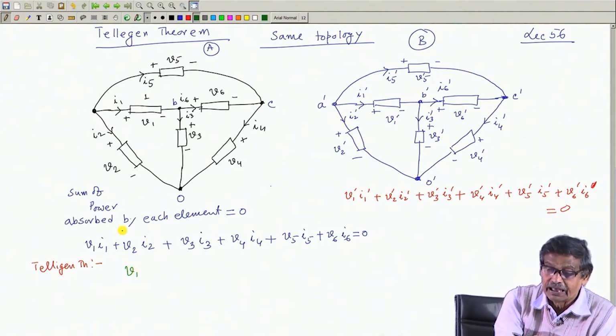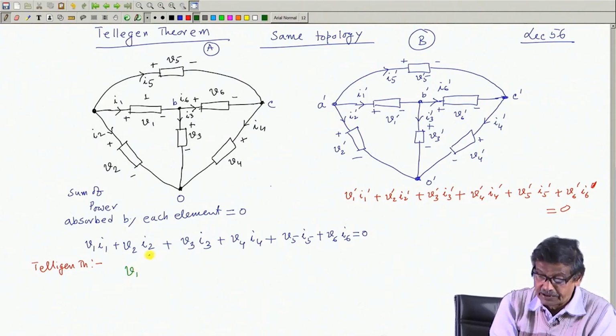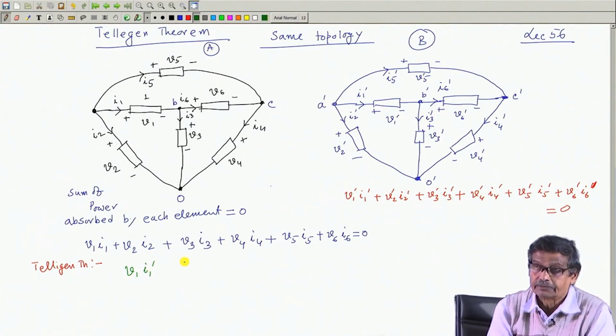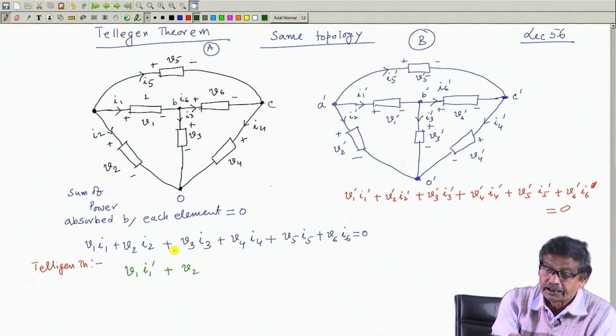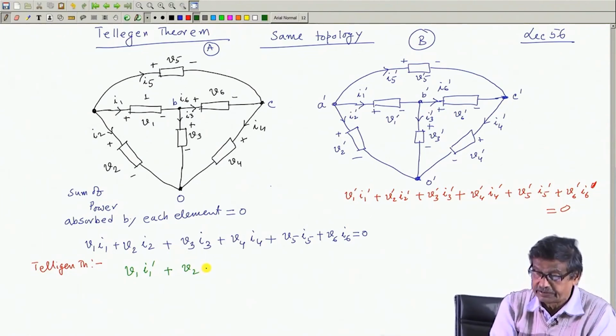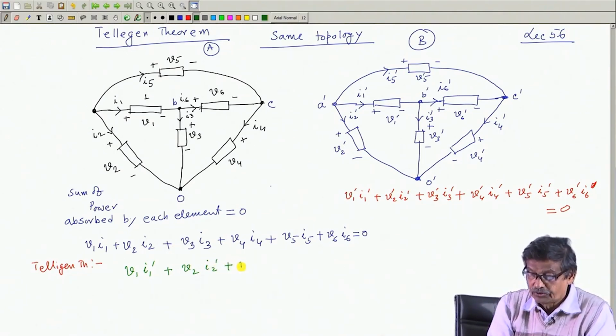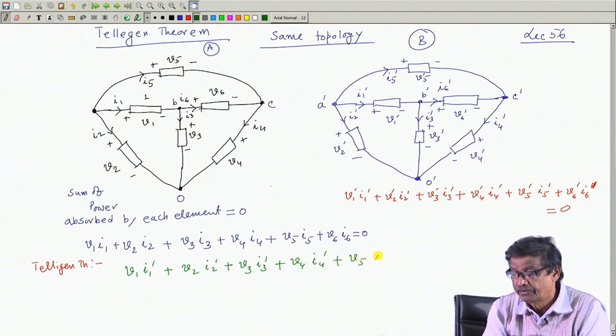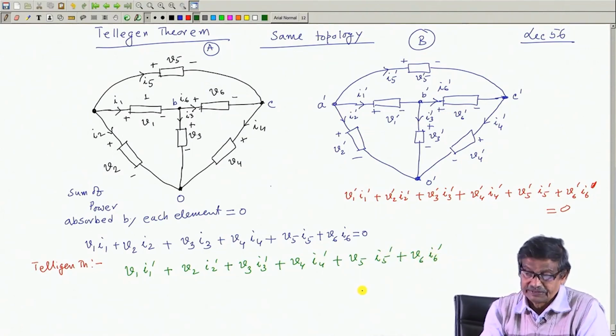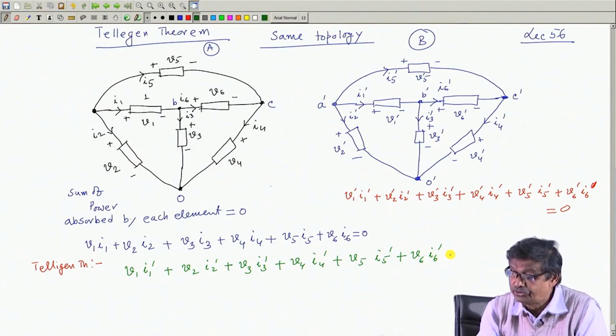Voltage of this network across element 1 multiplied with current I 1 dashed, same element number 1 of the second network, plus voltage of this network across element 2, that is V 2, I will not multiply with I 2, but will multiply with I 2 dashed, and so on, V 3 I 3 dashed plus V 4 I 4 dashed plus V 5 I 5 dashed plus V 6 I 6 dashed. And Tellegen's theorem tells that this will be equal to 0.